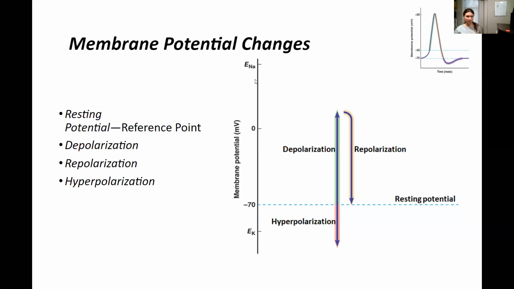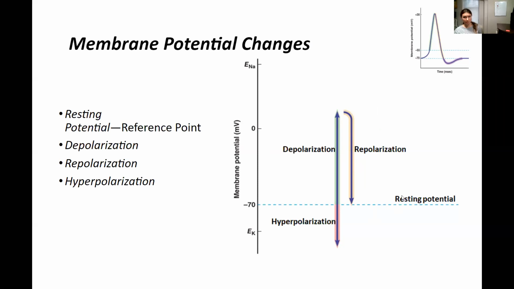So if we have sodium flowing in, we depolarize our cell. We'll also see repolarization, which is when over time we return to our resting potential. So we come back down to our polarized resting potential.